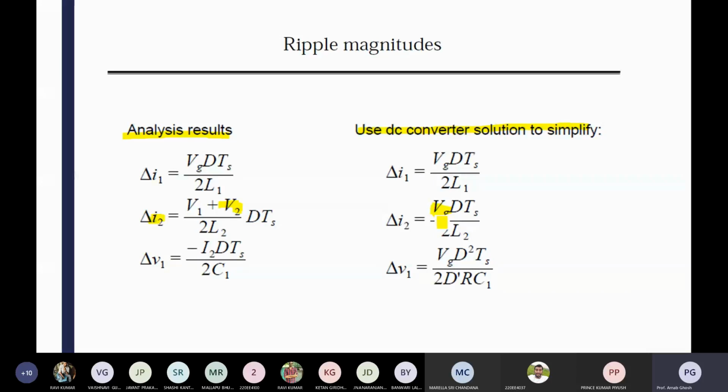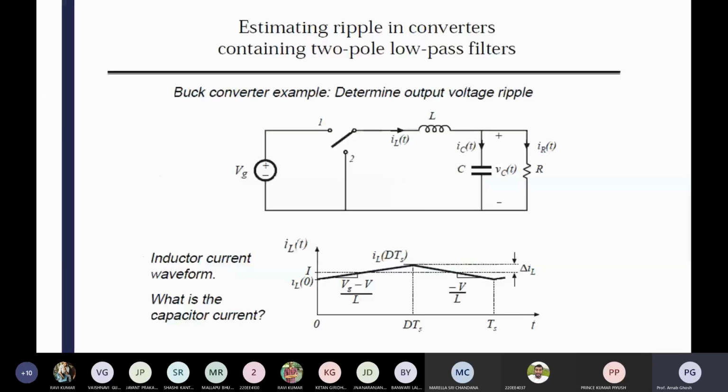That's one of the important benefits. That's why, replacing all those things, finally you get a different expression over here. So estimating the ripples in the converter, then the low-pass filter, so how much value will be there.